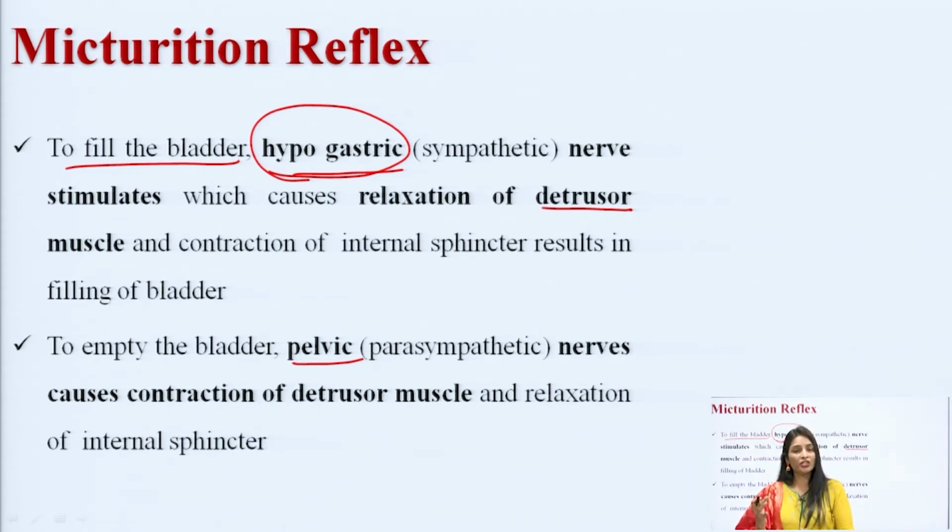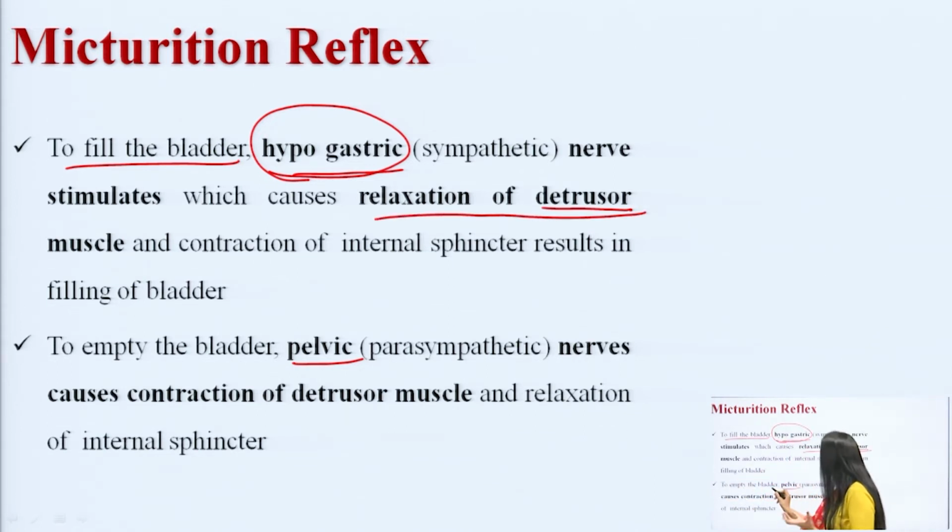And to empty the bladder, the pelvic parasympathetic nerve will get activated, will get stimulated. By stimulation, the detrusor muscle contracts, vice versa. So, here you can see the relaxation of the detrusor muscle in filling, and to empty the bladder you will see the contraction of the detrusor muscle.